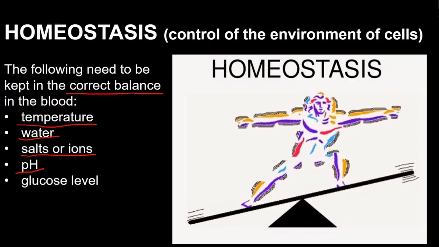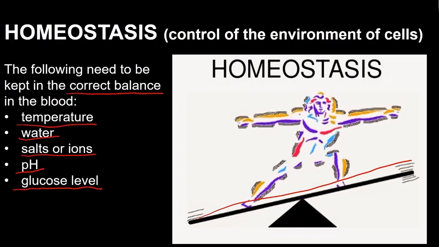So homeostasis is this balancing act, keeping the constitution of the blood at the correct level. And the last one, very important, you've got to have the right amount of glucose in your blood to feed your cells, but not too much glucose.